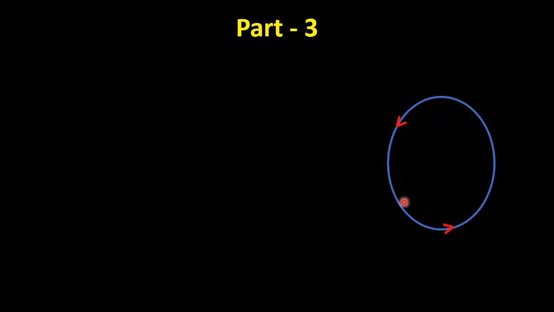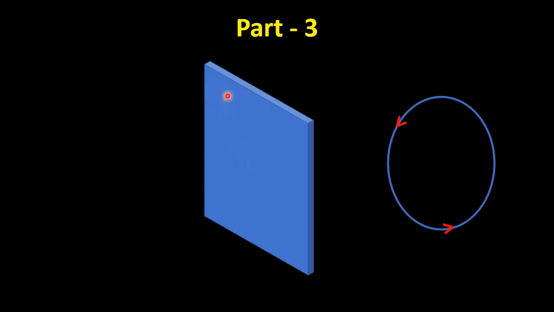Now instead of this ring, where the induced current has a well defined path to flow, what if we use a bulk conductor metal sheet like this? If this bulk conductor metal sheet is subjected to change in magnetic flux, then also the current will be induced in the metal sheet.